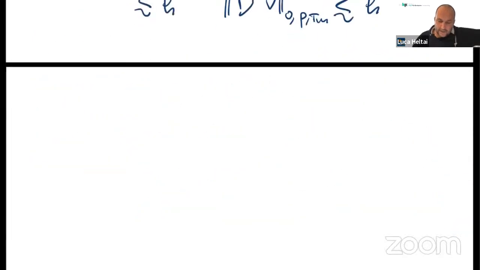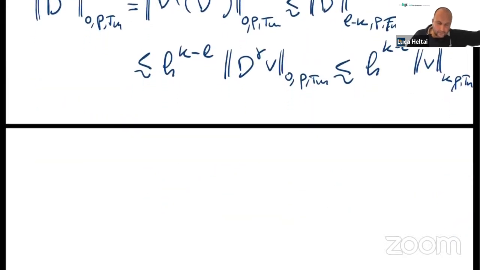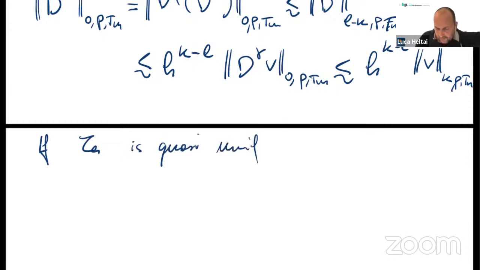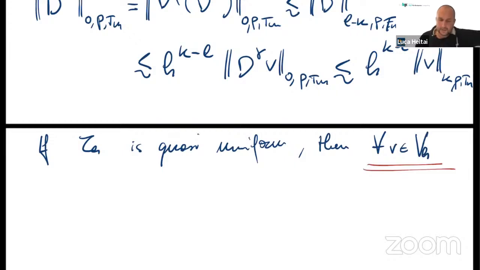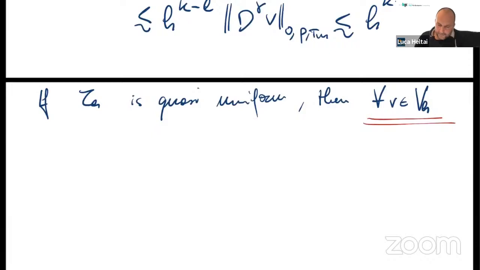Okay. And now the thing is, of course, if tau h is quasi-uniform, then for every v in capital VH, so this is valid for VH, you have to be careful. This is valid for, you can still write the same thing.